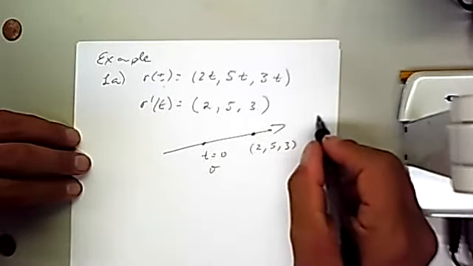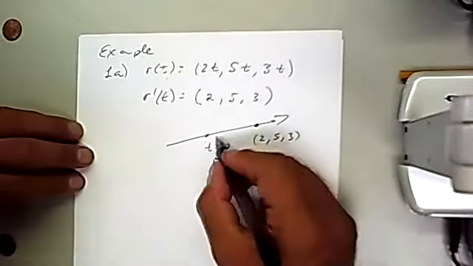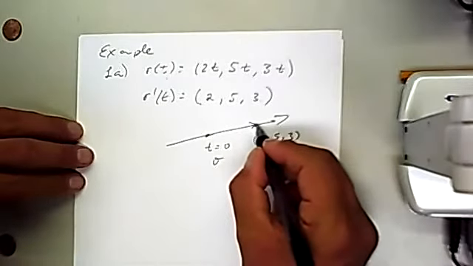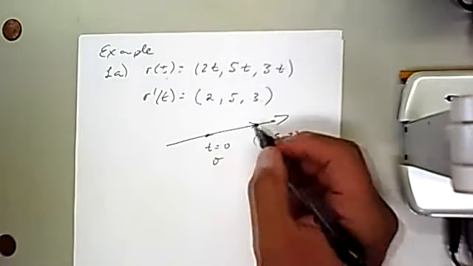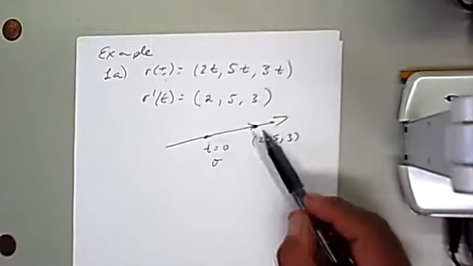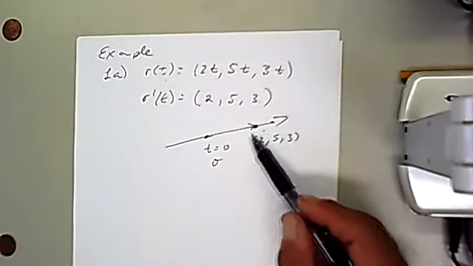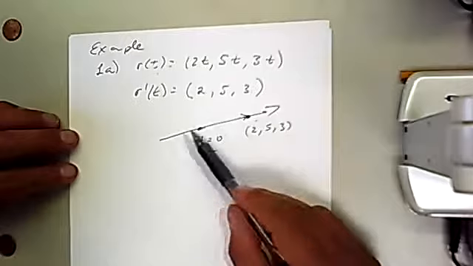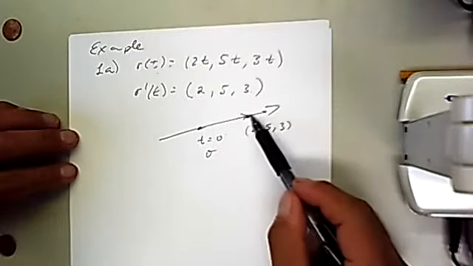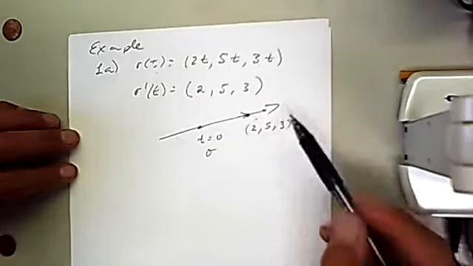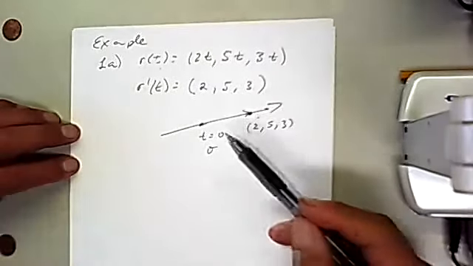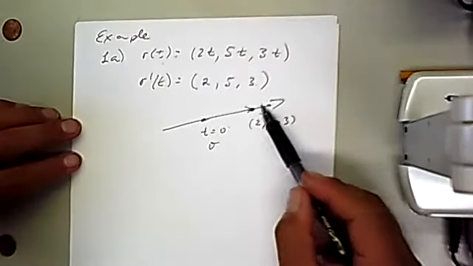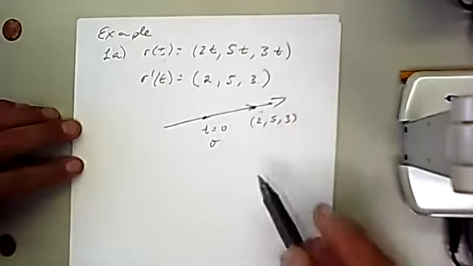And when t is equal to 2, we are twice as long. So this vector represents the tangent to the curve. By the way, a straight line has a tangent, and the tangent is itself. So this vector is tangent to the line, which is the curve. That is funny. A line is a curve. And this tells us the velocity.